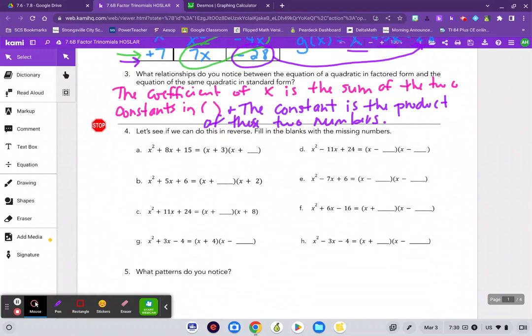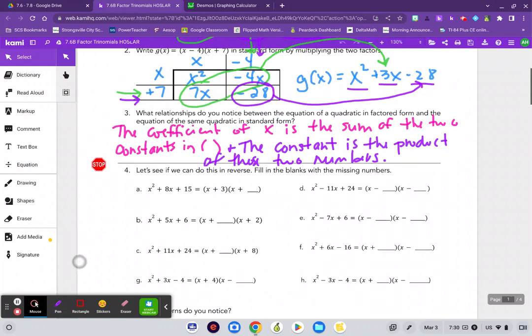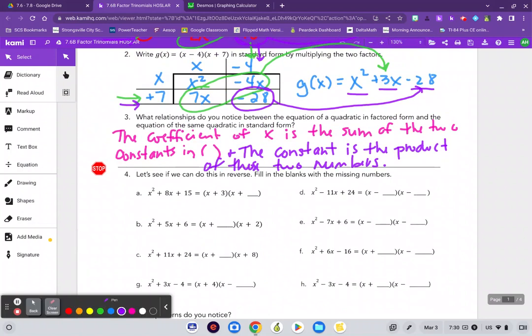And so now that we've had that discussion, let's see if we can do this whole multiplication piece in reverse. Up top, we multiplied these two groups, and when we multiplied these two groups, we got three terms, what I called a trinomial.